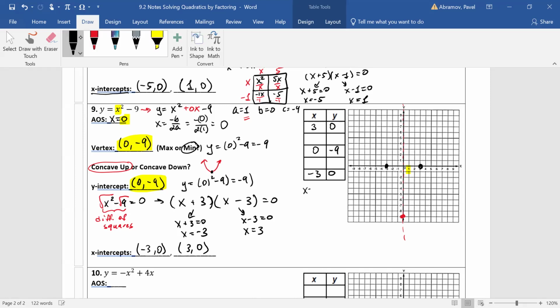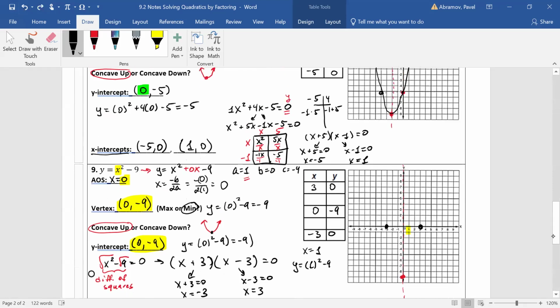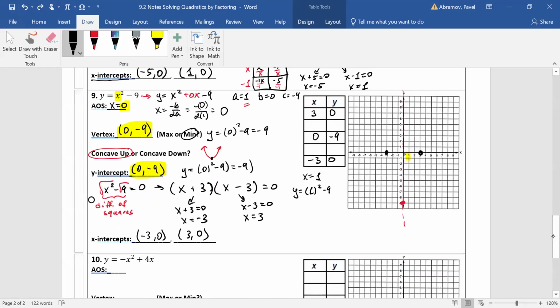So when x is equal to 1, let's see what y is equal to. It's going to be 1 squared minus 9, and that will produce 1 minus 9, or negative 8. So when we have 1, we also have negative 8 as the y-coordinate.